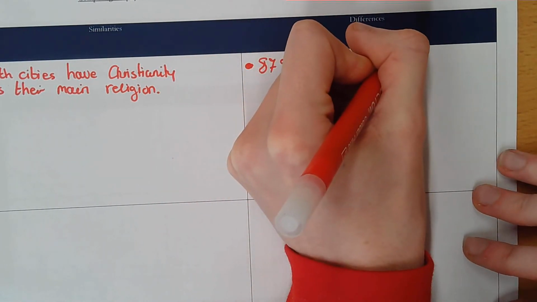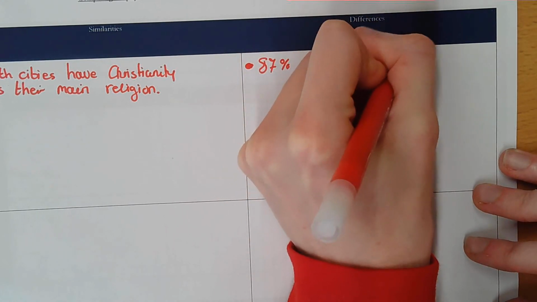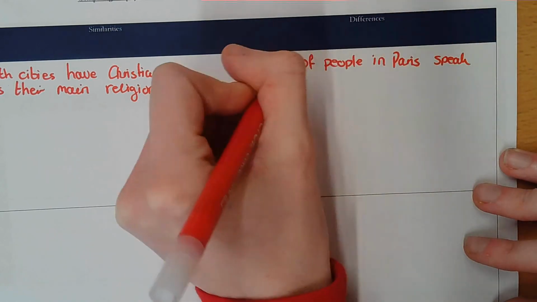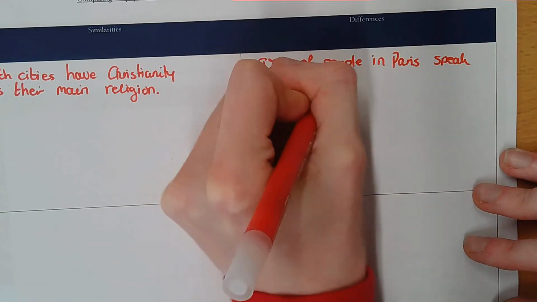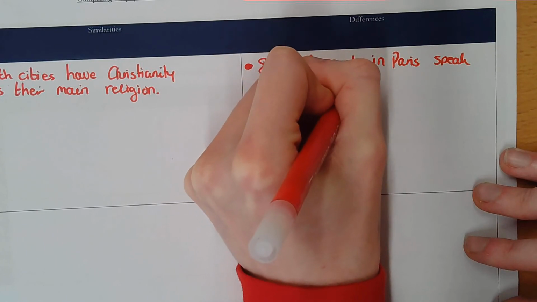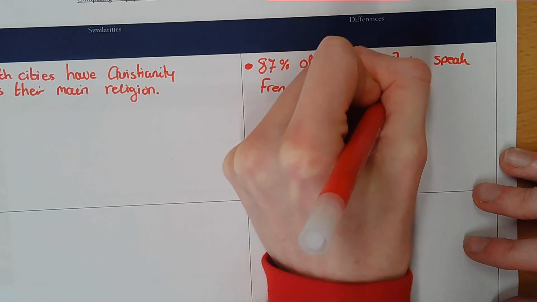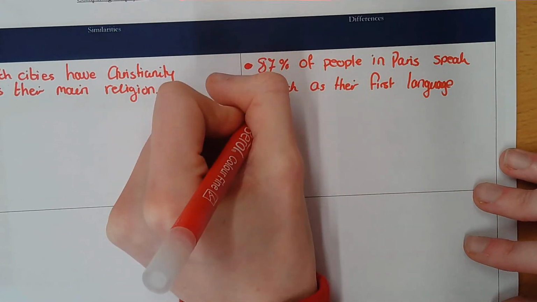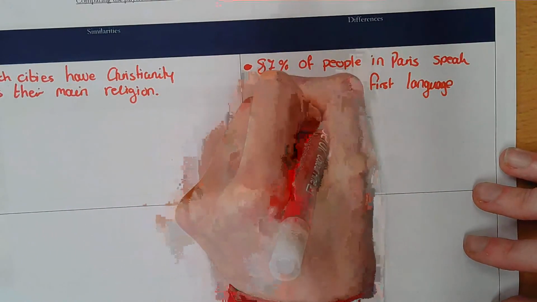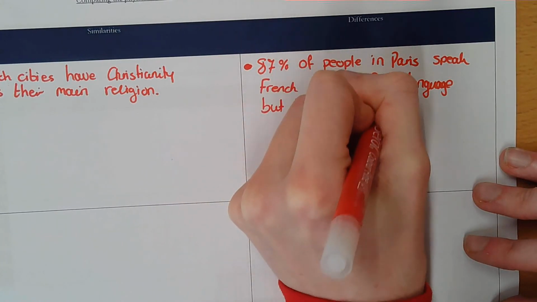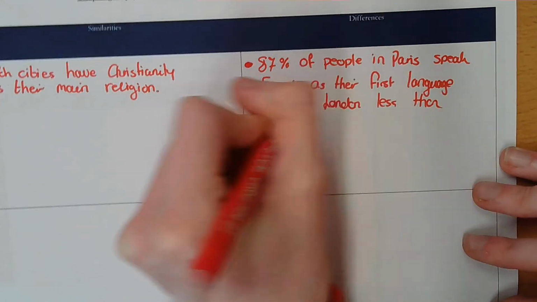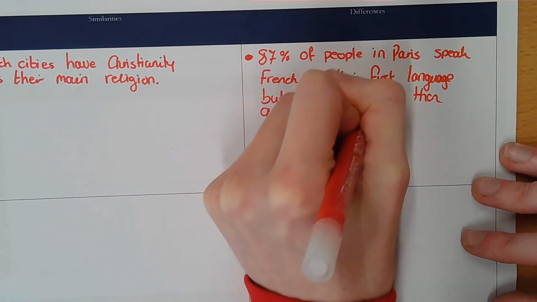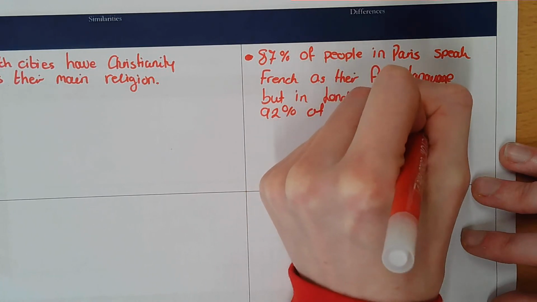So 87% of people in Paris speak French as their first language. But in London, less than 92% of people speak English as their first language.